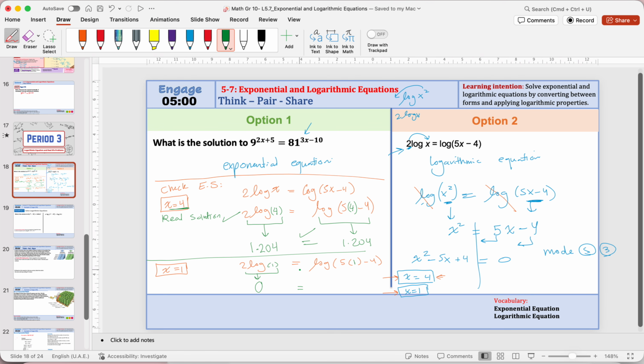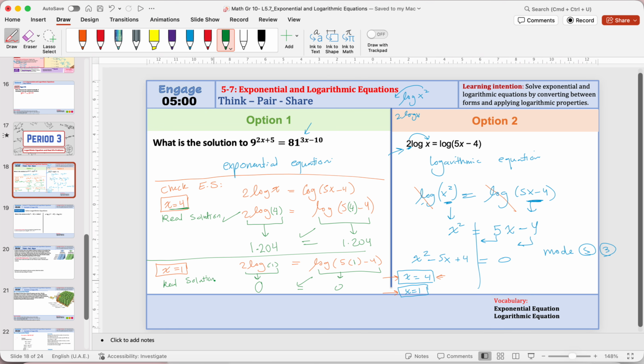Log 5 minus 4: 5 minus 4 is 1, which gives 0 as well. So no problems in this example, alhamdulillah. If you put this in your calculator, you also get 0, which is equal. They are equal to each other. That's correct, no problem. So this is a real solution, no extraneous solutions.